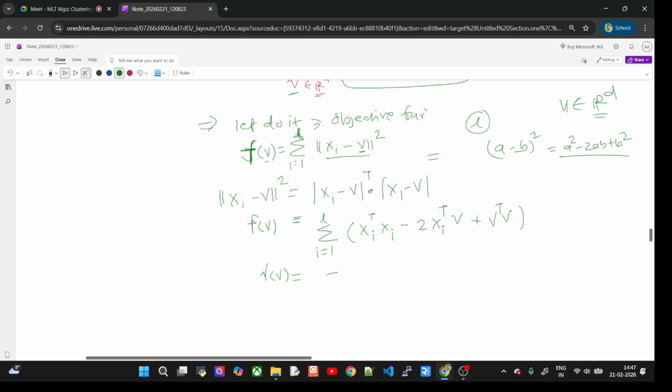Now, taking the summation for every term: summation of i equal to 1 to l of xi transpose xi, minus 2 times summation of xi transpose v, plus summation of i equal to 1 to l of v transpose v. Here v transpose v does not belong to any data point, so it has no i term.